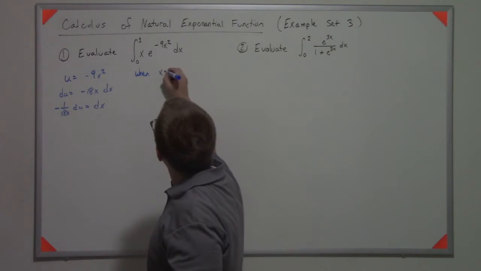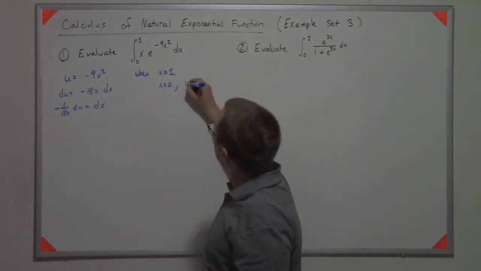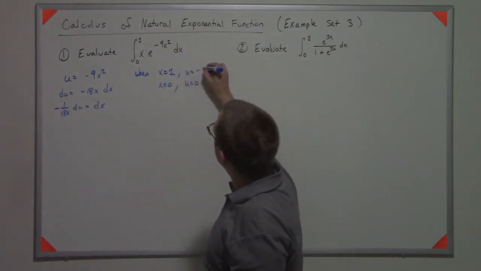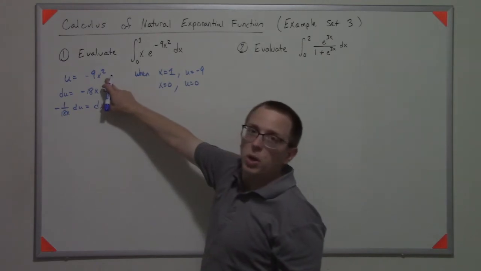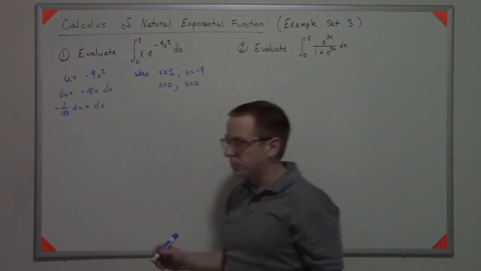So when x is 0, that tells me that u is also 0. And when x is 1, u is negative 9, by just plugging in 1 here. So these are my new lower and upper bounds.